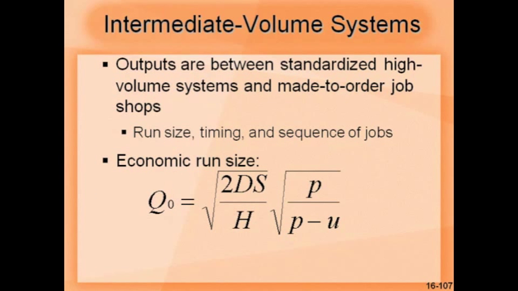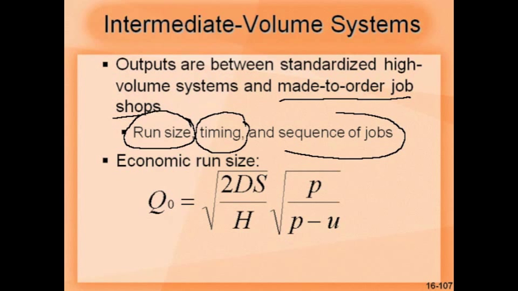Now, intermediate volume systems. Outputs are between standardized high volume and made-to-order job shops. Variables of interest generally are run size, or you can say lot size, like how much to produce once the machine is set up, and what should be the sequence of jobs.